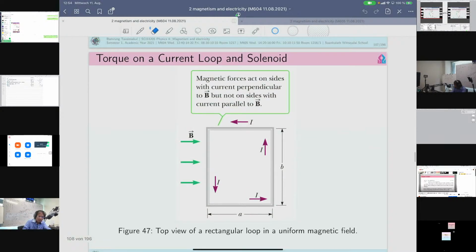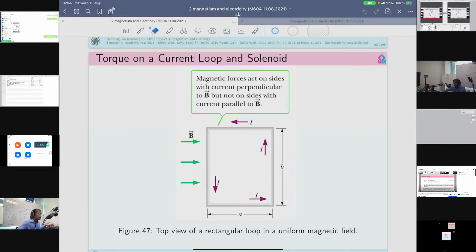Let's consider the simplest case, the simplest geometrical shape you can find. It's the rectangle, but the theory here can be applied to any shape of the conductor.